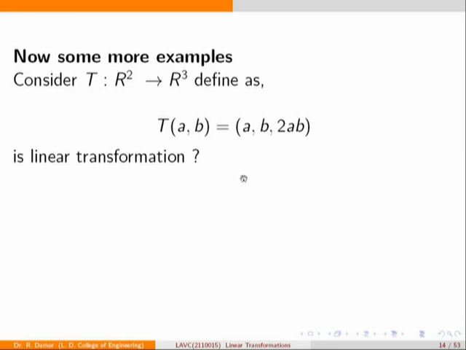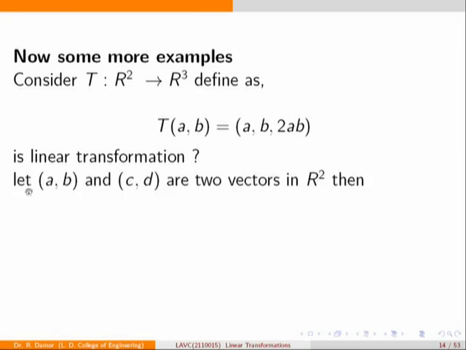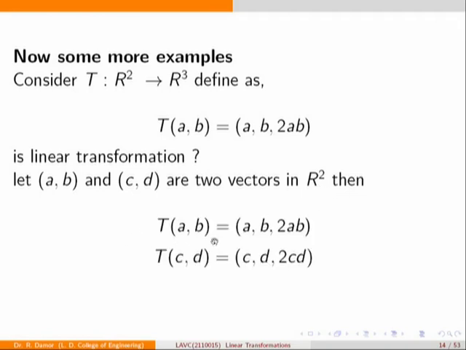For this, let (a, b) and (c, d) be two vectors in R2. Then by definition, T of (a, b) is (a, b, 2ab), and T of (c, d) is (c, d, 2cd).